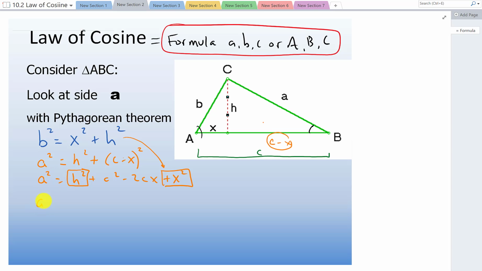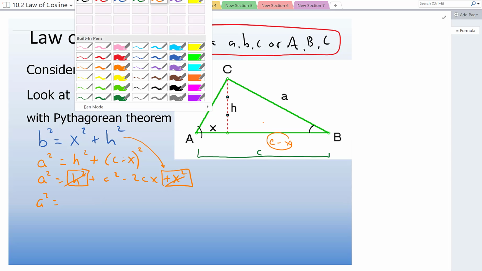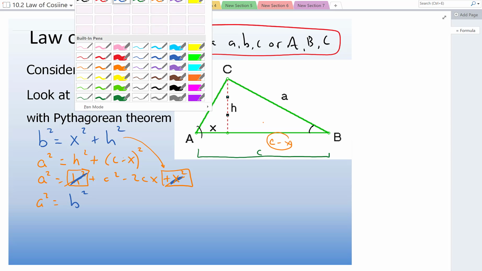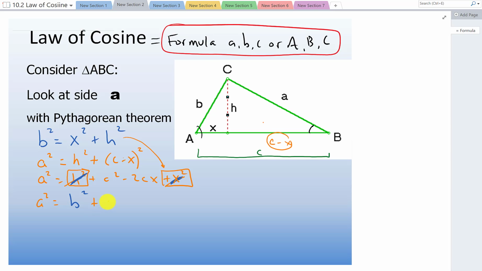I left off the square. a squared equals, I'm going to take this out and replace them with b squared, because b squared equals h squared plus x squared. Okay, so that still leaves me though with a little bit more: c squared minus 2cx. Now this has, with that one substitution, I plugged equation 1 into equation 2, and I got this outcome here.